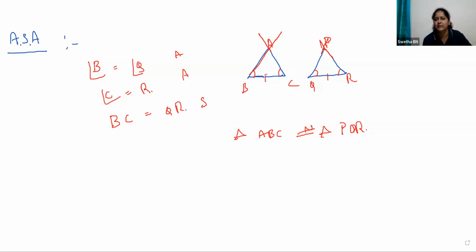So then remaining all will be equal. A is equal to P, AB is equal to PQ and AC is equal to PR. So remaining all will be equal. If two angles and one side of one triangle are equal to corresponding angles and side of another, then we say the two triangles are said to be congruent. This is ASA rule.